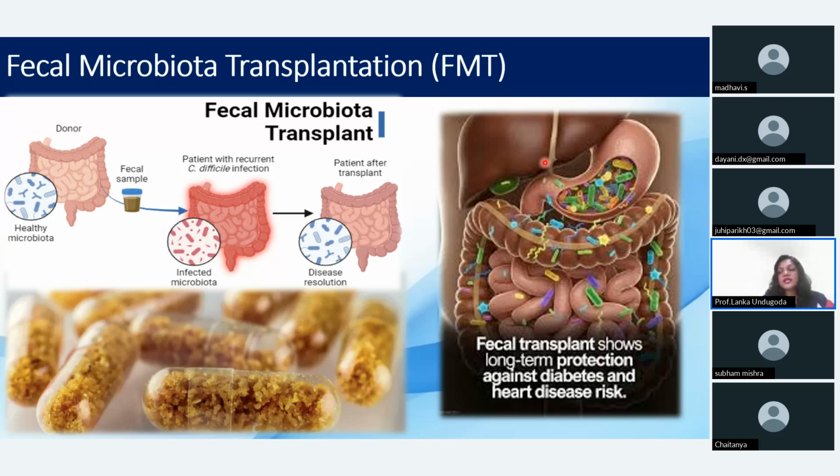In this concept, the first thing you can see is fecal microbiota transplantation. In this world there is a concept we call the yellow soup concept. We look for donors with good health, get stools from their fecal matter, and transplant that into people who are getting different types of disease treatments.